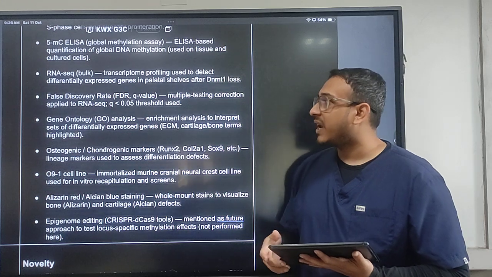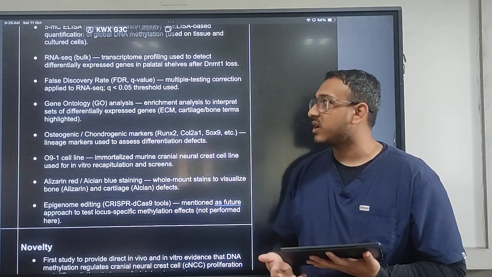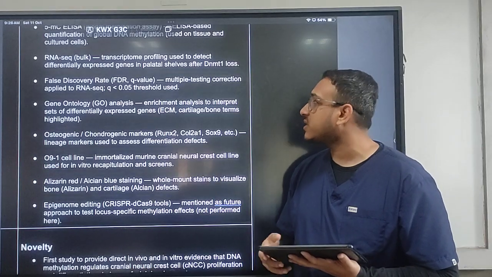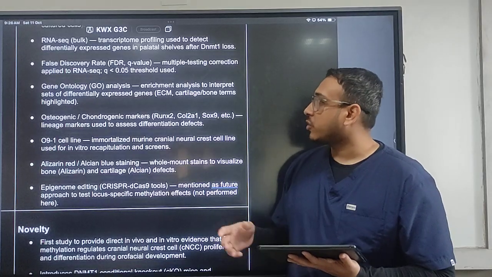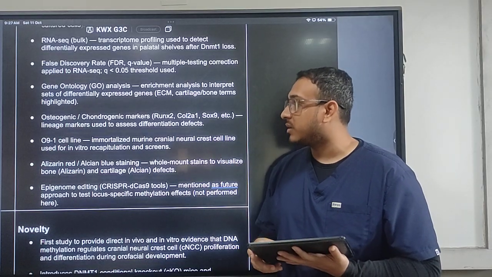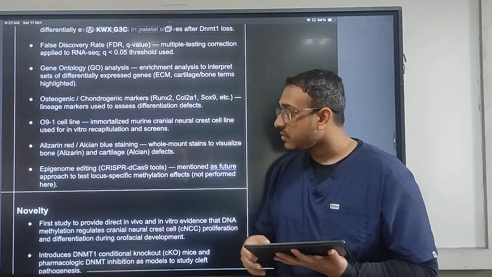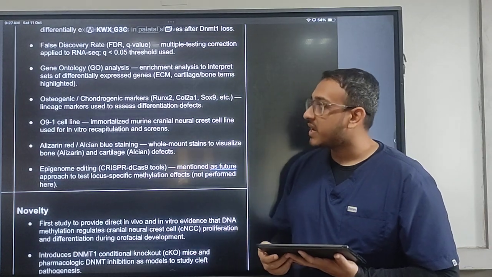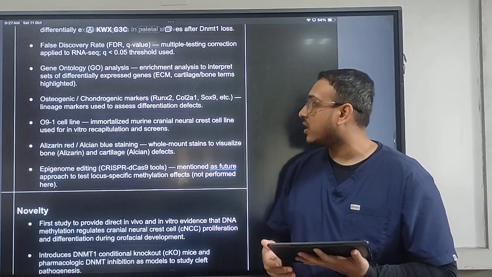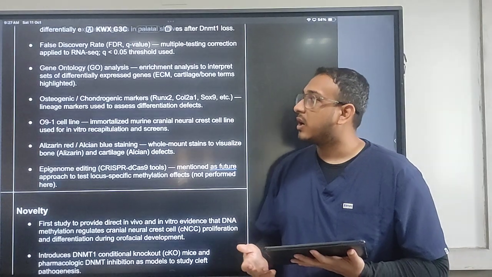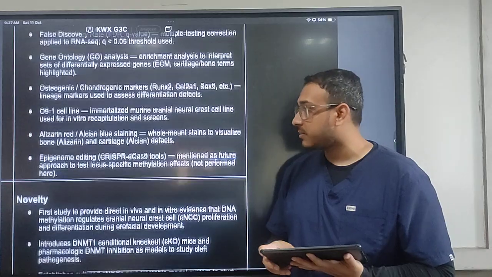Gene ontology analysis is an enrichment analysis to interpret the sets of differentially expressed genes. They used osteogenic and chondrogenic markers to assess the differentiation defects. The O9-1 cell line is an immortalized cranial neural crest cell line used for in vitro recapitulation and screens.